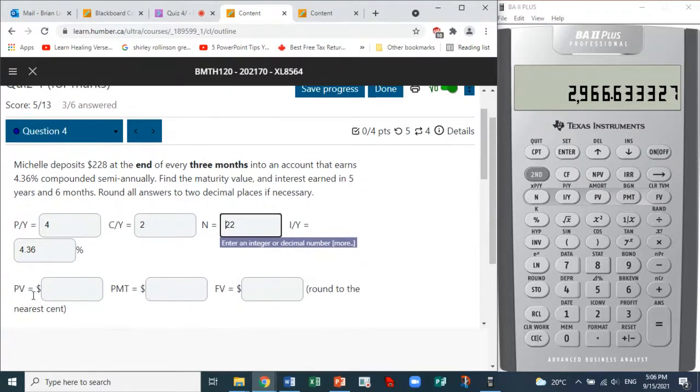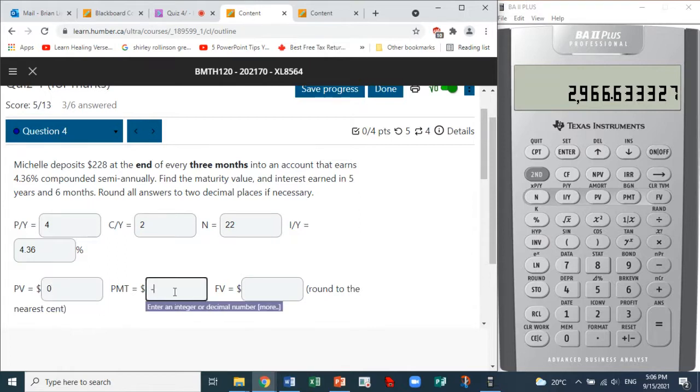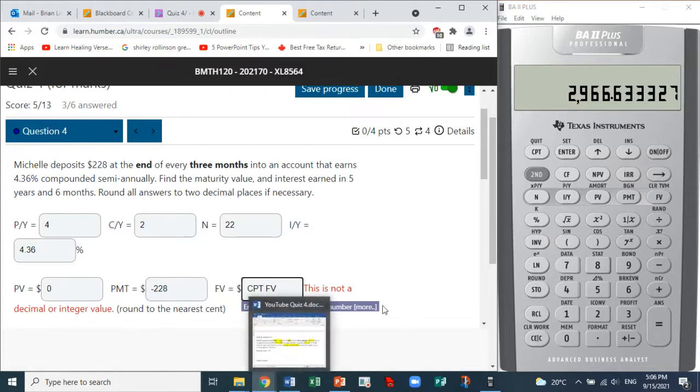Present value is 0, of course, and the payments are negative 228. And then this value here, FV, we will compute. We'll have to take that out, because the calculator wouldn't let us do that.